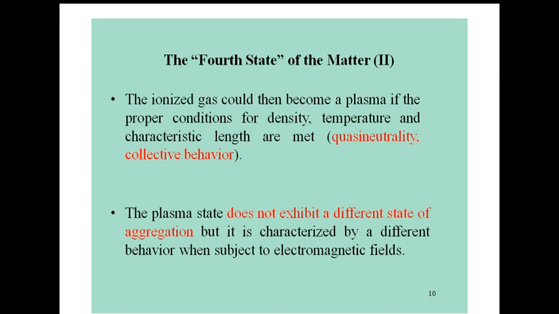The plasma state does not exhibit a different state of aggregation, but it is characterized by a different behavior when subject to an electromagnetic field. Pandya sir will talk about what happens when an electromagnetic field comes into plasma. So, always remember that the electromagnetic field also characterizes and gives a different behavior of plasma.